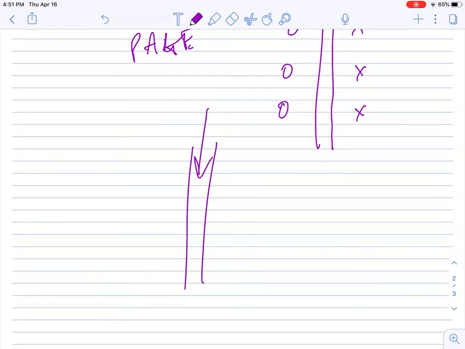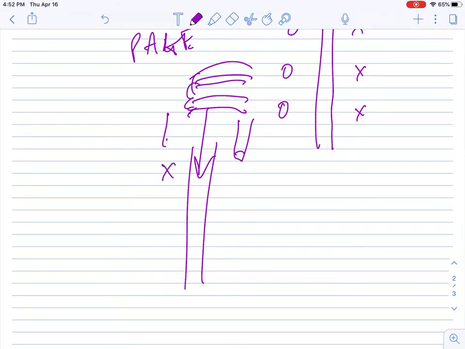Now, the opposite is true if I send the current downward. So if I send the current down, and this is in the plane of the page, I'd point my thumb downward like this, okay? Then this would be like the back side of my hand.